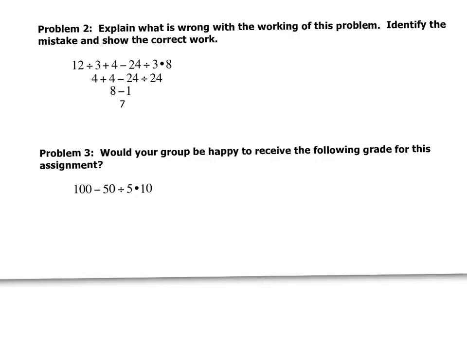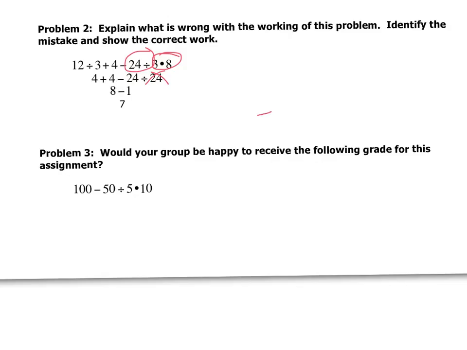Ah, the golden rule again, right? That's the one I was trying to hit home. This person did parentheses and then exponents and then went for multiply next. 3 times 8 to get 24. That is incorrect, right? I should have done 24 divided by 3 and got 8, and then worked through the problem that way. What was the correct solution?